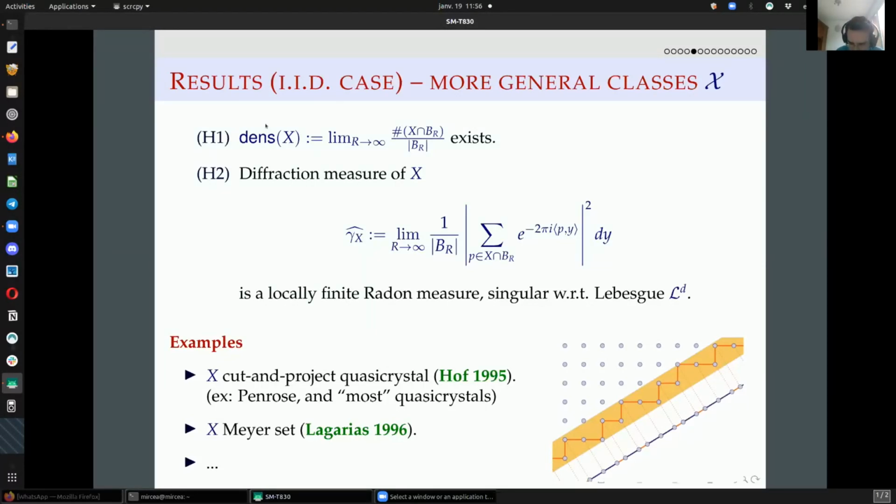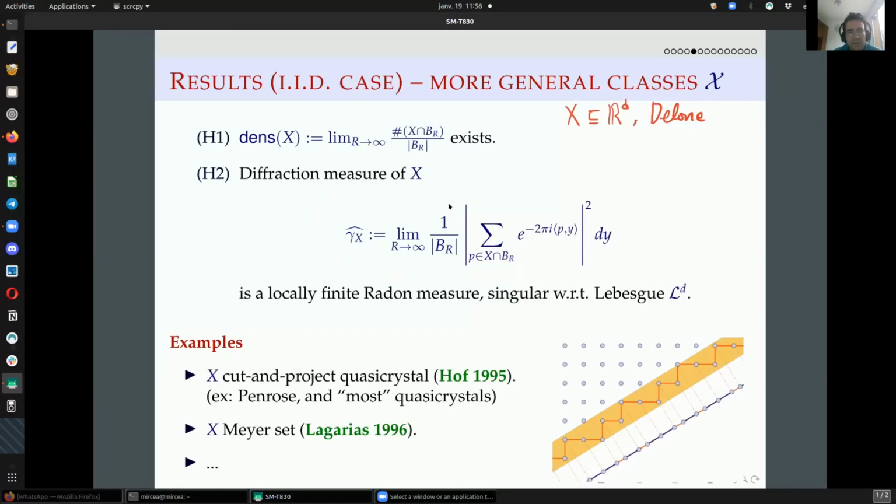I always skip this hypothesis because we are so used to working with sets in R^d that I don't even mention it, but actually X is in R^d. And then it will be a Delone set. We are also looking at sets that have an asymptotic density, so that this limit exists: the limit for r going to infinity of the number of points of X in a ball divided by the volume of that ball.